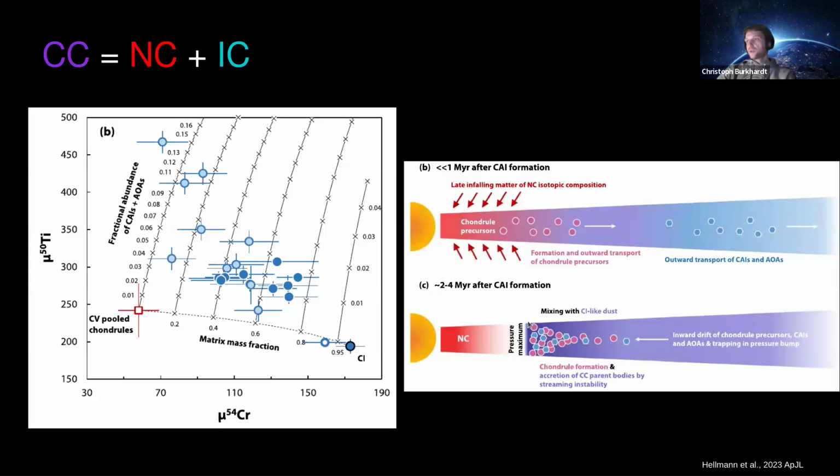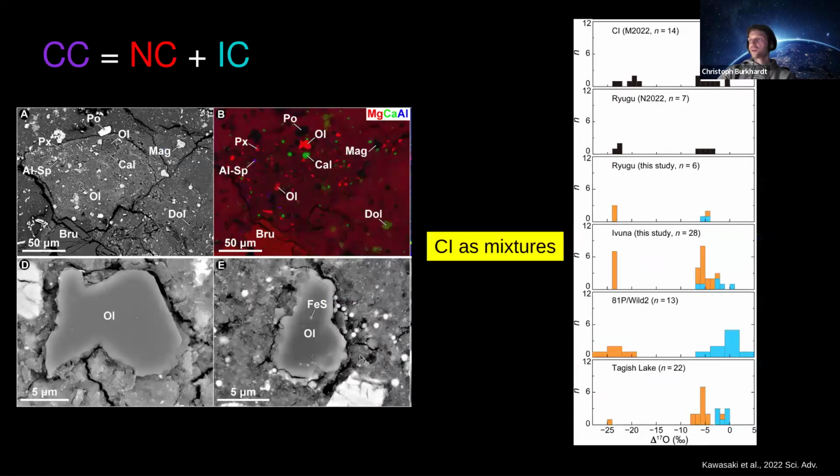So I would even go one step further: not only is CC a mixture between these components, even the CI dust is a mixture in itself. And I think there's good evidence for that. CI is a proxy for the bulk solar system, but it is heavily altered.